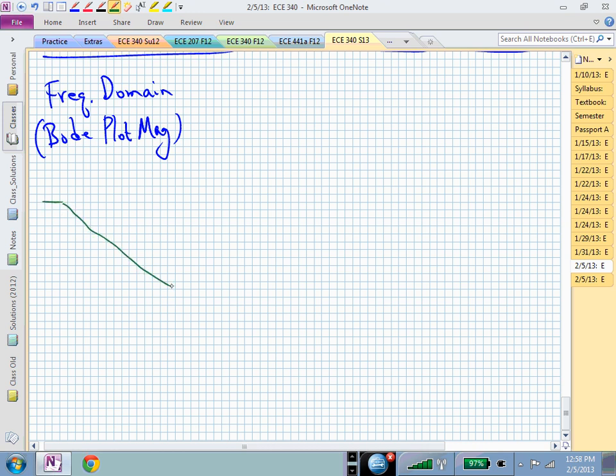It could look something like this, where I'll say that this is omega sub s, where the s stands for the system is slow or the bandwidth is small, and this omega sub s is that break frequency, which is 1 over, let's say, R sub s, C sub s, or it's 1 over tau sub s. Let's say that's a Bode plot of a low-pass filter that doesn't have a very big bandwidth.